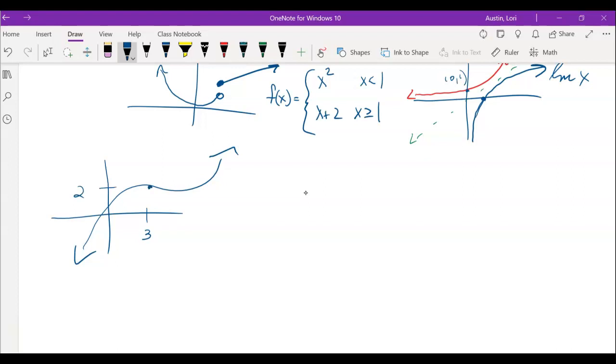These are the easiest limits to work with because if this is f of x, based on the graph, everybody knows what f of 3 equals. You don't even need the equation of the polynomial, because on the graph you know what f of 3 is. 2. Not a problem.